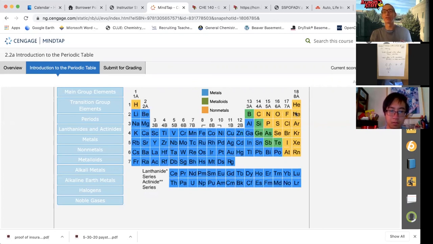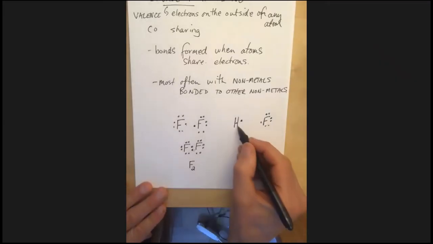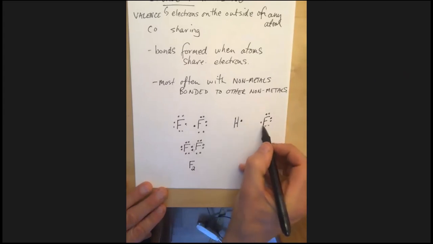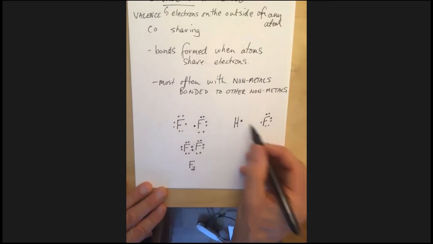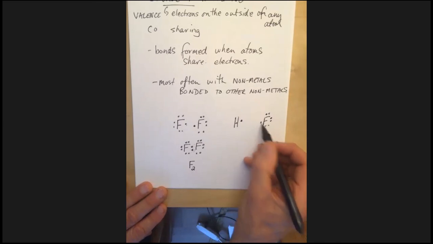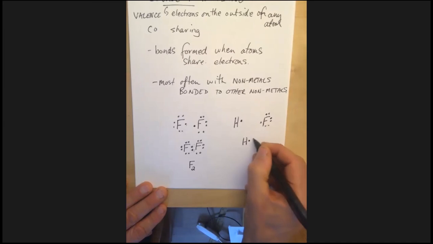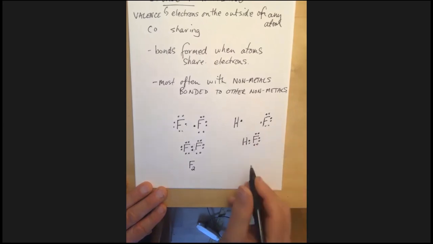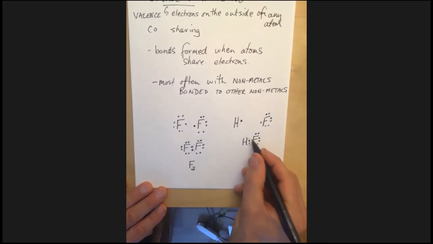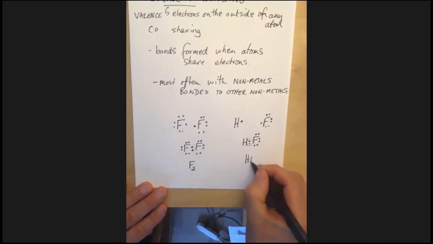The fluorine will go from having 7 to having 8, and it'll have a completed octet. And so if I bring my hydrogen atom and my fluorine atom close enough together that this electron and this electron can be shared, it will hold these 2 atoms together in the form of a molecule. And so this pair of electrons represents the covalent bond. Hydrogen fluoride.